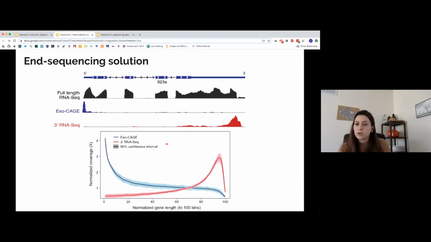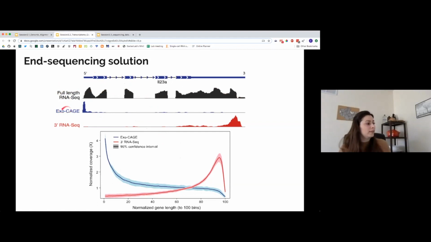So what does it look like? Since the next part of this session, we'll be talking about visualization. Here is how coverage data for a full-length RNA-seq library would look like, where in regions of exons you have a higher coverage and the reads distribute across it.